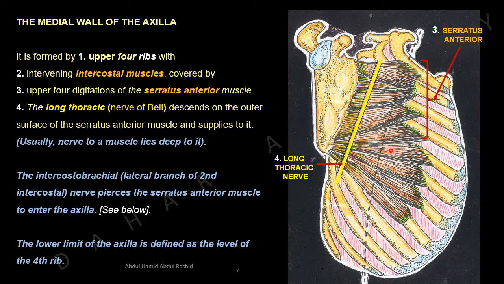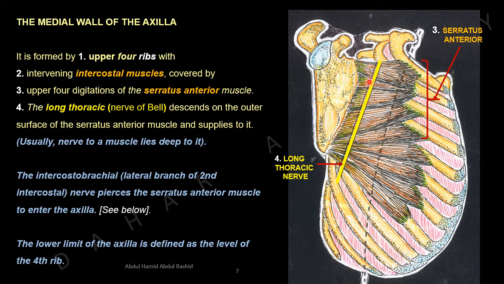which is supplied by number 4, the long thoracic nerve, that is nerve of Bell, which descends on the outer surface of the serratus anterior muscle and supplies it. Usually, the nerve which supplies a muscle lies deep to the muscle to get protection.